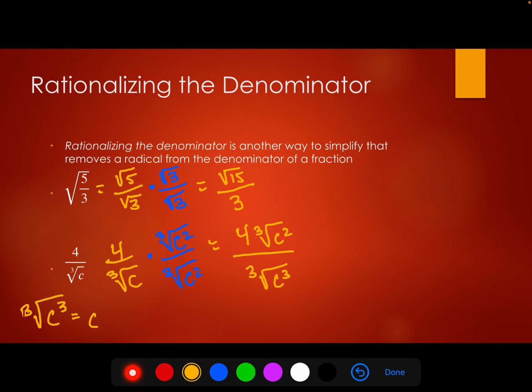And now we know that our exponent of the power of 3 and the cube root get rid of each other, cancel each other out. So we'll be left with 4 times the cube root of c squared over c. And now we're finished.